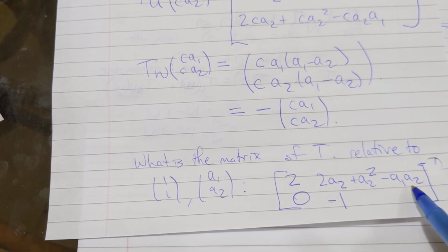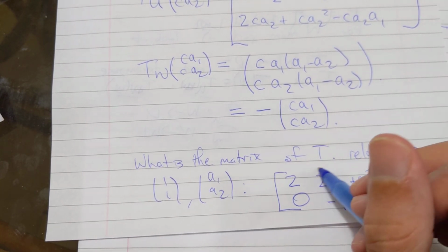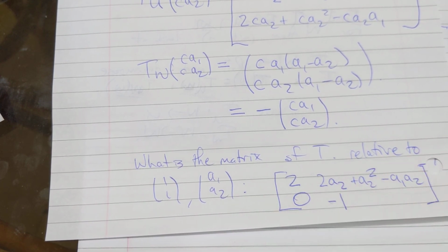So some complicated thing. Actually, if we choose A1 and A2, we can basically solve this to be 0.